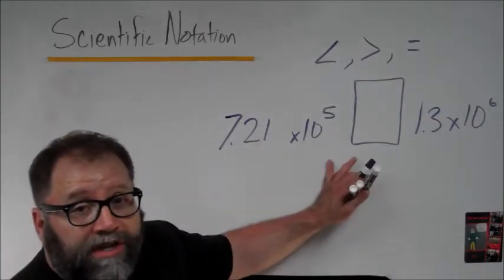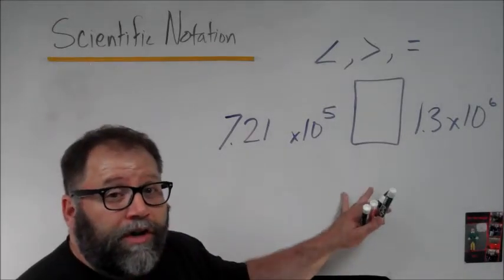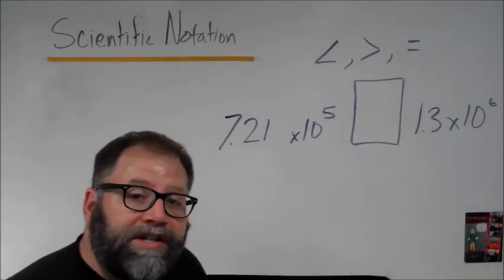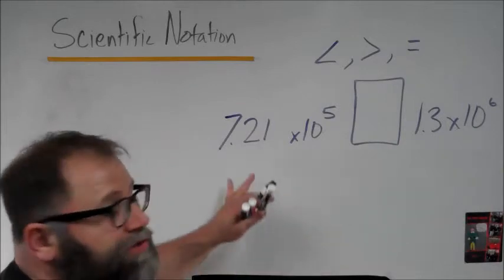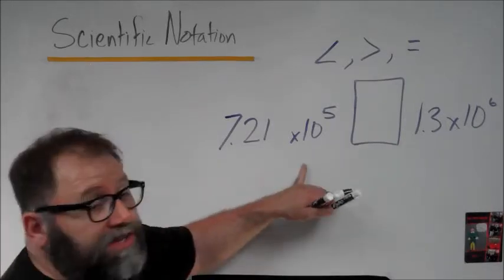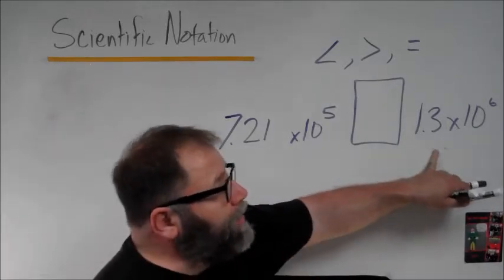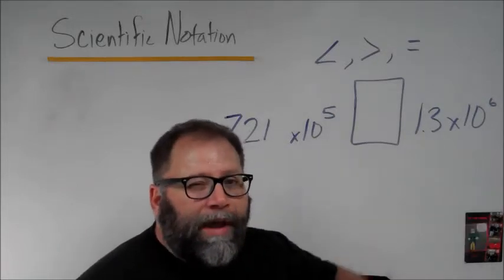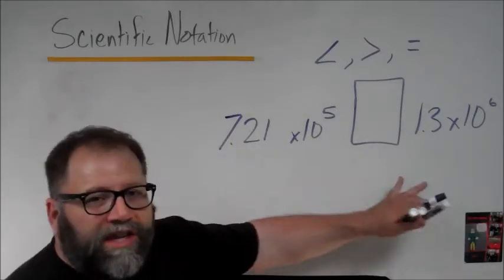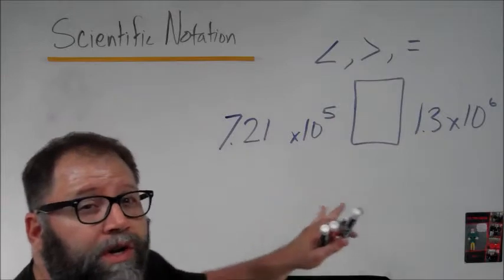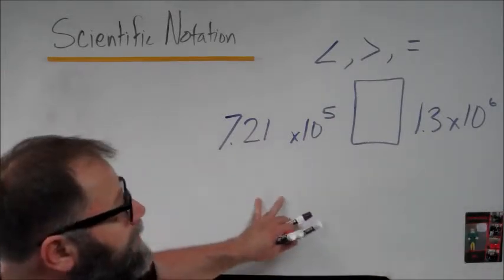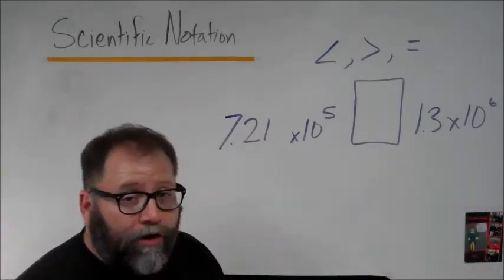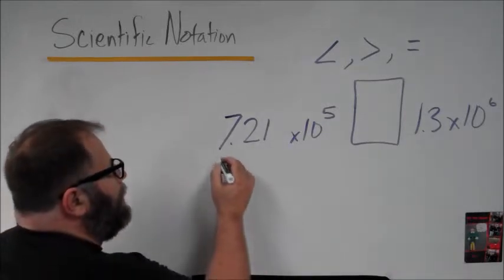One last check. Let's look at these two things as a comparison to each other, just so we get some comprehension of how scientific notation can work for us. I have two numbers here. I have 7.21 times 10 to the fifth. I have 1.3 times 10 to the sixth. And my question for you is, which one of these is larger? Which one is a greater value? Initially, what you might look at first is this number here.